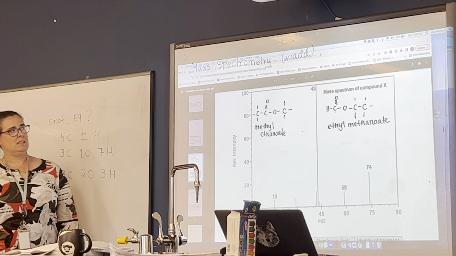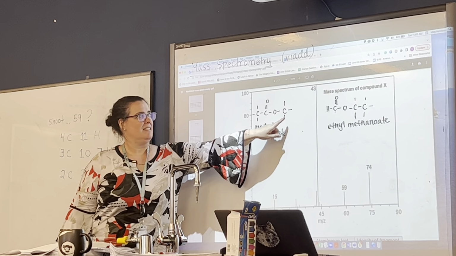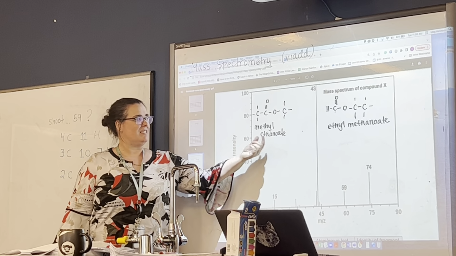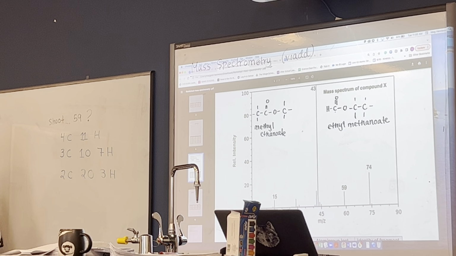What's attached to the double bond? No, what's attached to this is the ethyl. The ether is the ethyl. The ethanoate is attached to the double bond. You're getting me confused with the carbonyl side. The C side is the OH.